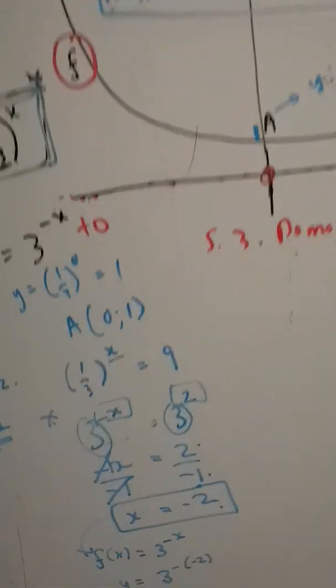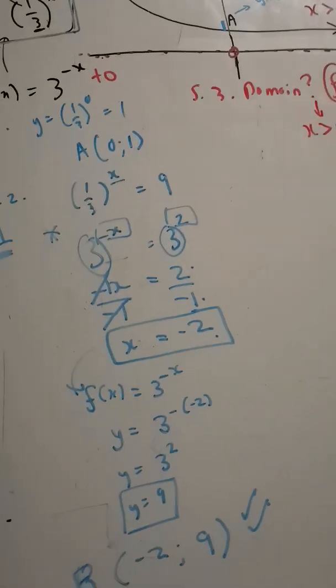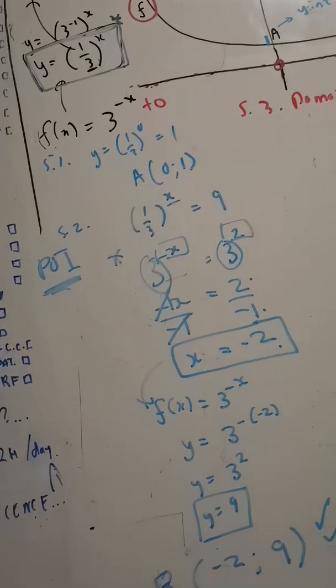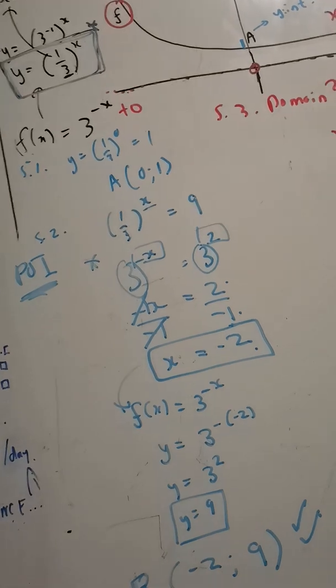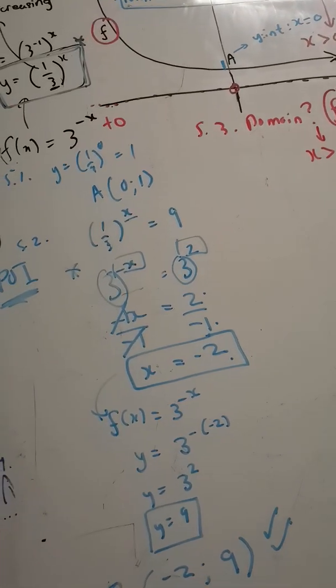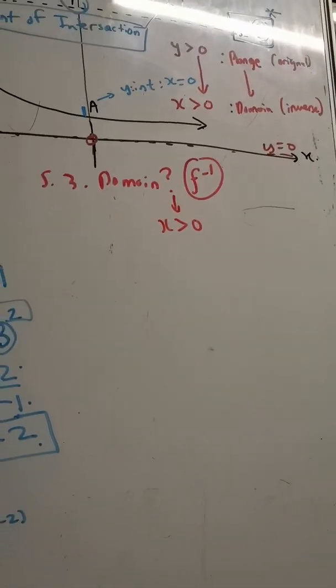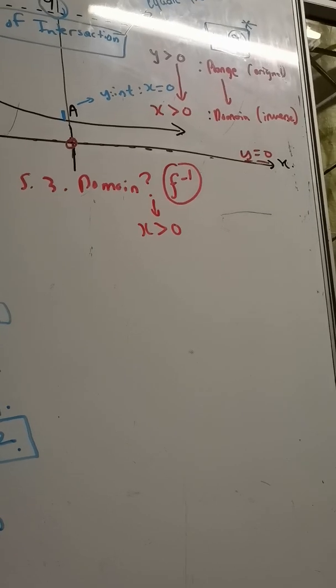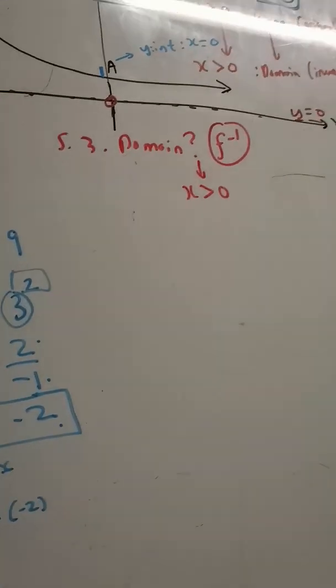That's basically my easy understanding of how to get that specific answer. So we got x is more than 0, and that is the domain of the inverse. The range of the original graph becomes the domain of the inverse.